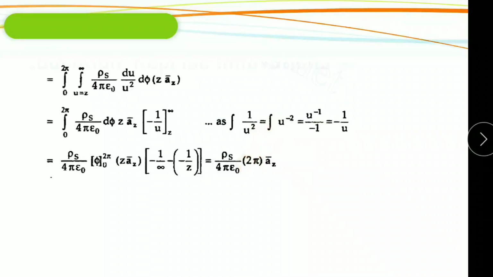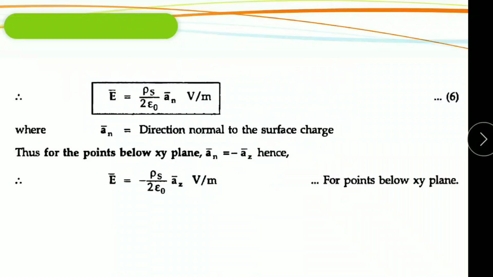Again there is a cancellation. In the denominator there is a 4 pi and in the numerator there is a 2 pi. By cancellation we get the electric field intensity E bar equal to rho s by 2 epsilon naught an bar, and the unit of electric field intensity is volt per meter, where an bar is the direction of the normal to the surface charge.